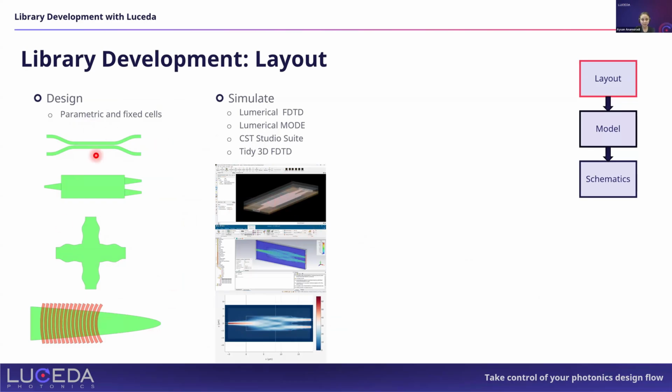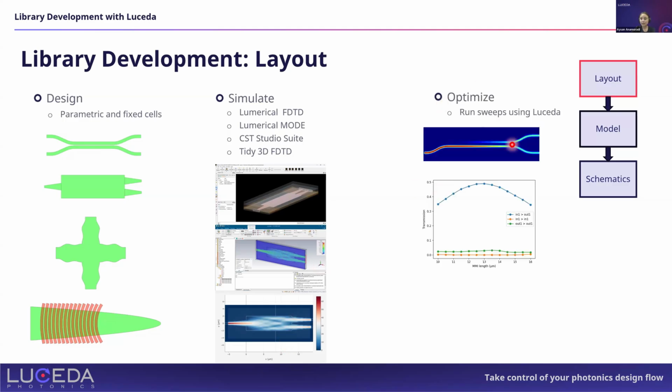They can just generate the layout, and the simulations will be automatically generated. They can also run sweeps directly from ADKs using these simulators, so they don't need to interact with these tools, and they can extract the data and save it on their computer.